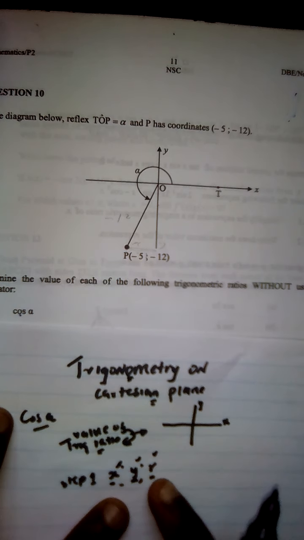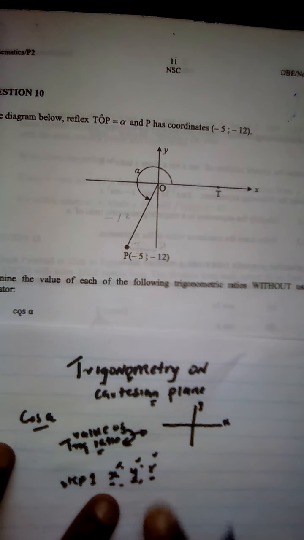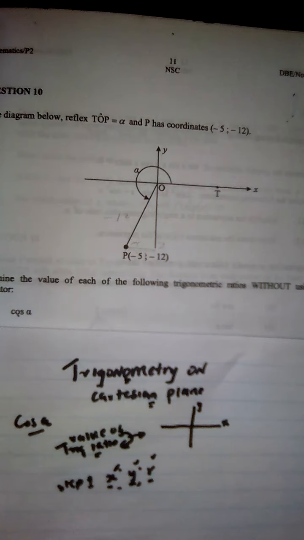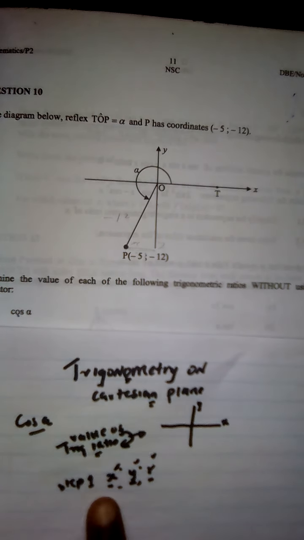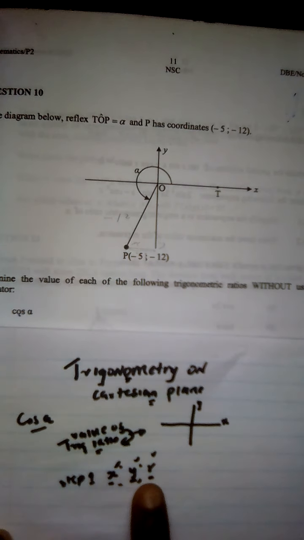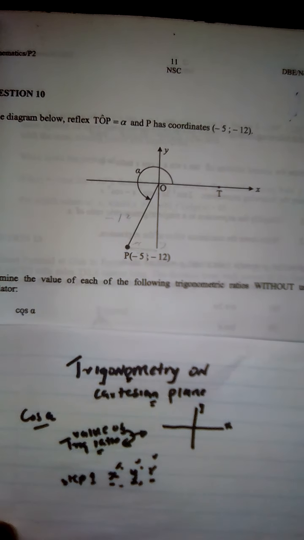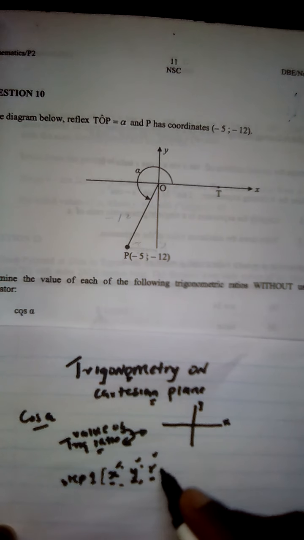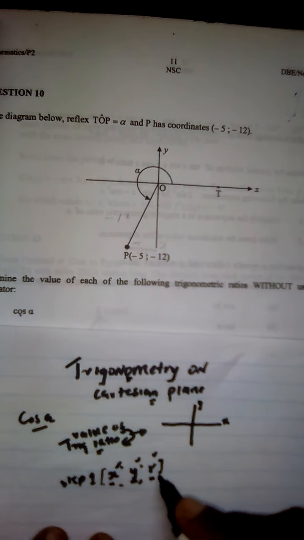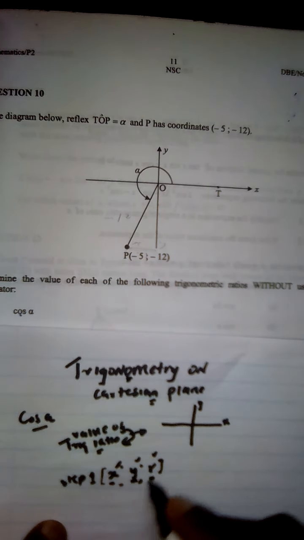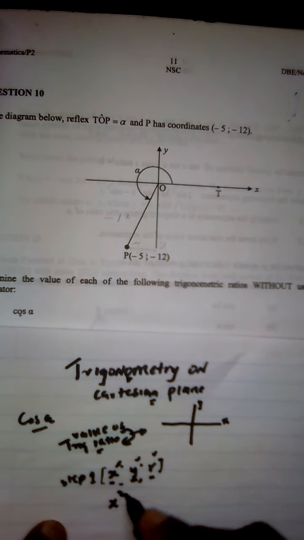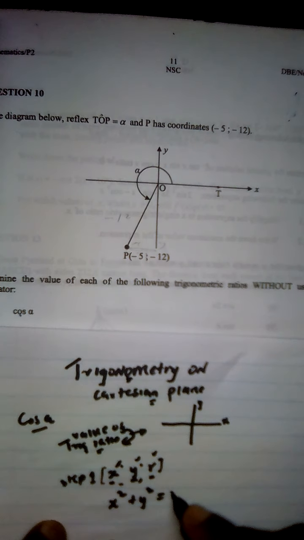Normally the values of x, y, and r, if we write them together in a single equation, are found in this maths equation: x squared plus y squared equals r squared.